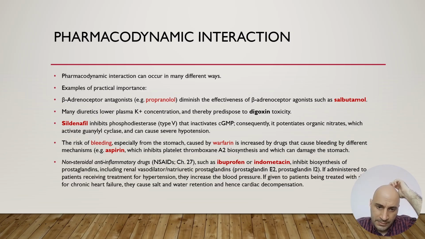So in patients receiving a treatment for hypertension, this will increase their blood pressure. In patients getting treatment for peptic ulcer, this will cause the peptic ulcer to be exacerbated.